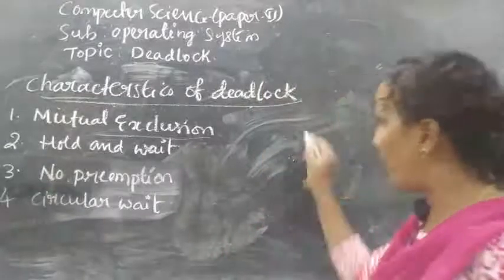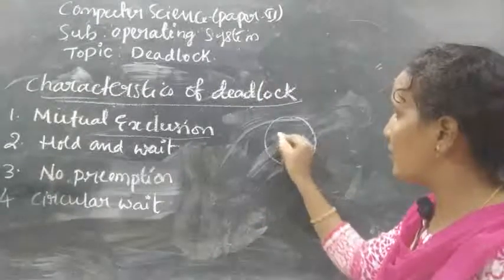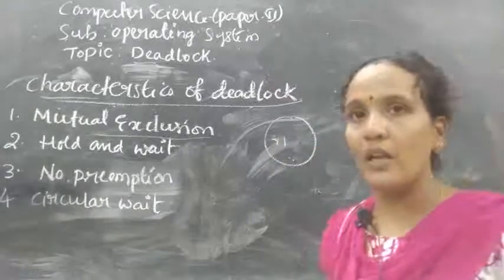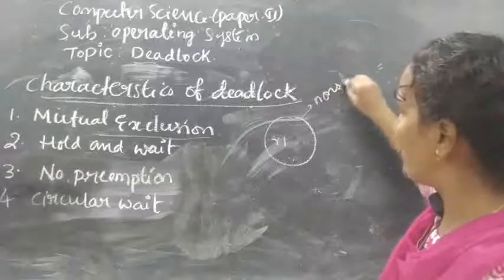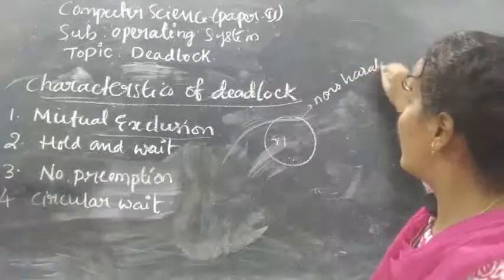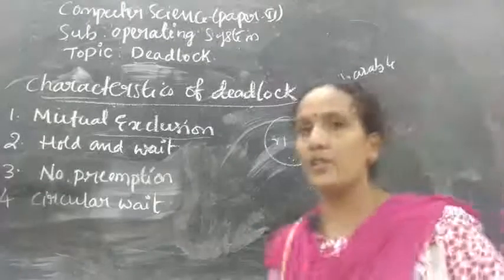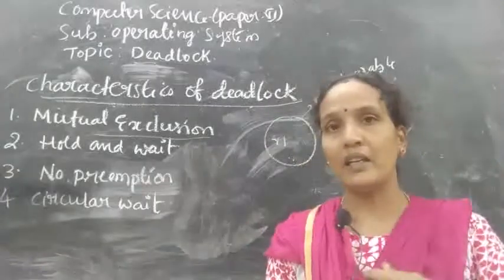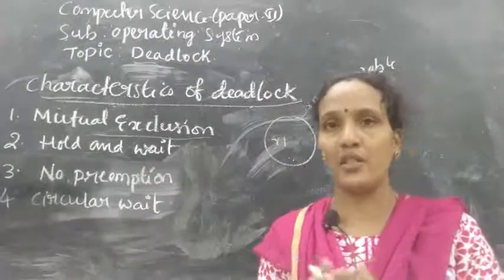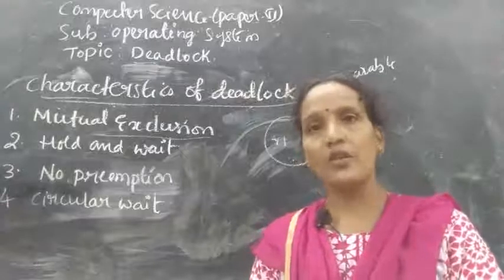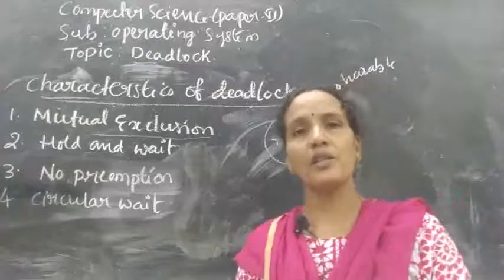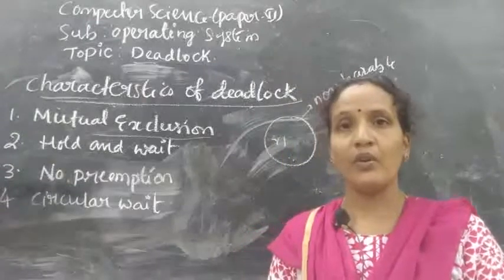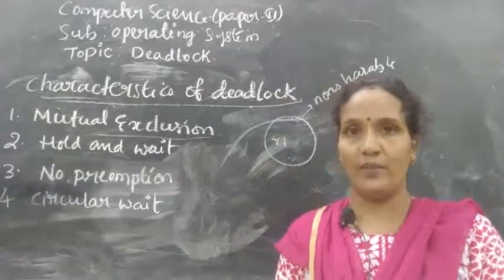Example: here one resource is there, resource R1. Okay, and that resource is non-shareable. Non-shareable means if one process is using that resource, and any other process is requesting the resource, then that process needs to wait, because it is non-shareable.